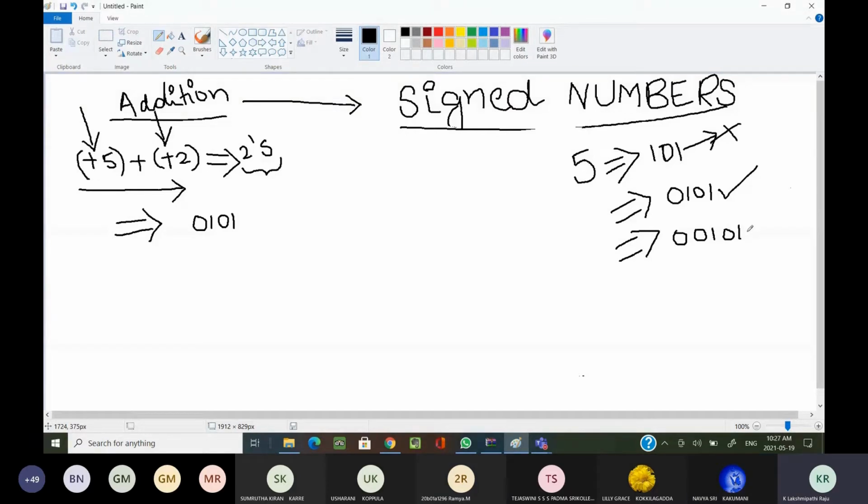I can take a 5-bit representation. Whenever you are taking a 5-bit representation, you should remember this is our sign bit. The bits are not a problem for us. I can consider that 5 also in a 6-bit representation.